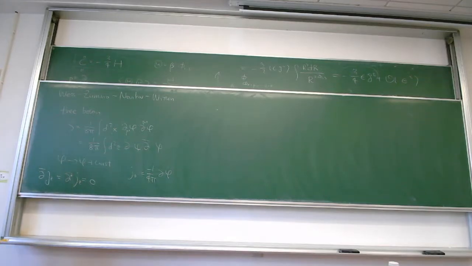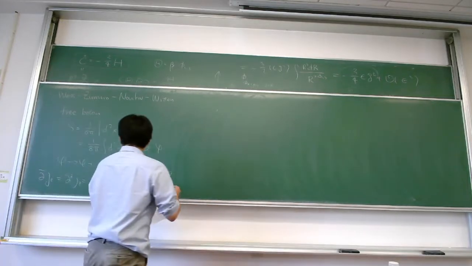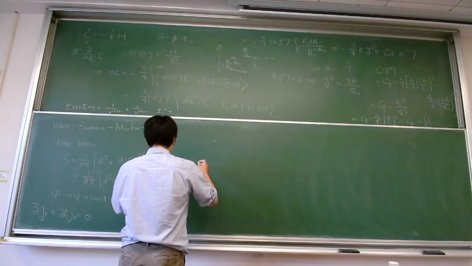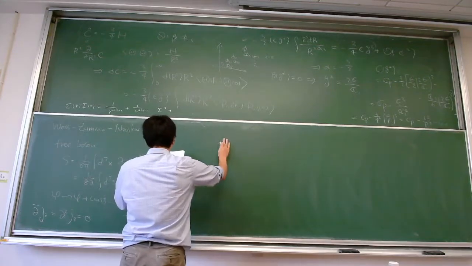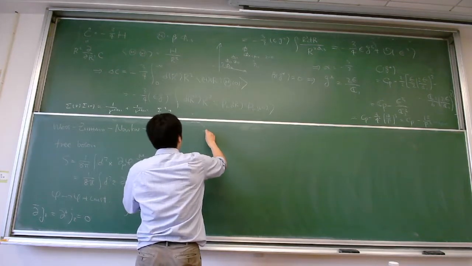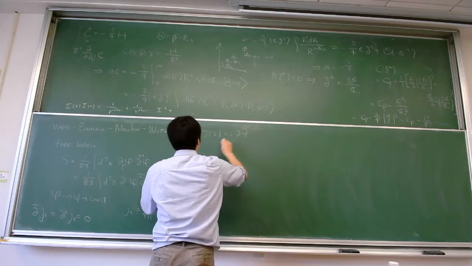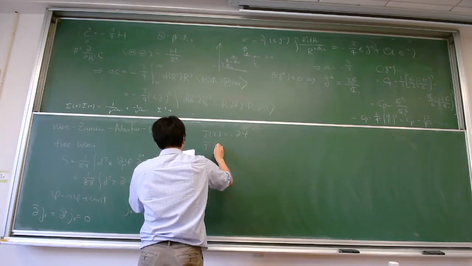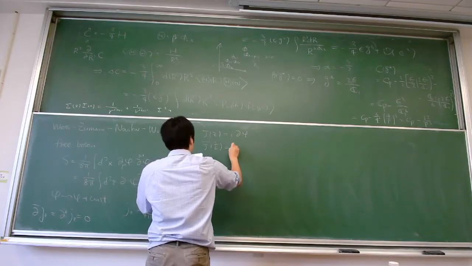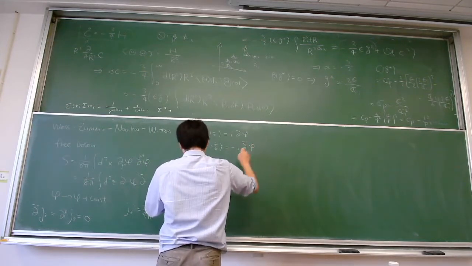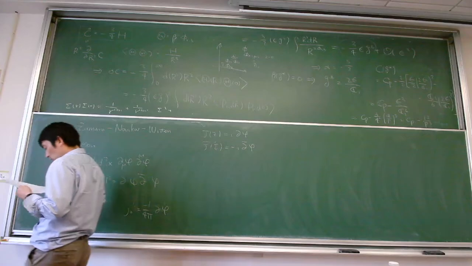Okay, so this is the conserved current. So for this symmetry, the current is J(z) equals i partial phi, and J bar (z bar) equals minus i partial bar phi. Somehow I take this one.